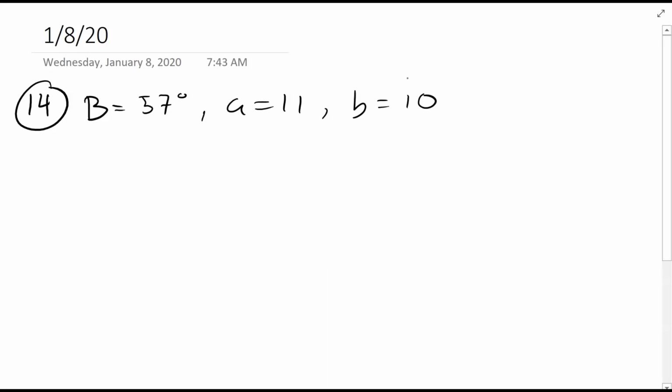This was the given information. Now, the directions say that two triangles can be formed, solve them both. I'm just going to go over how I know there's two triangles going on here, just for the sake of argument.